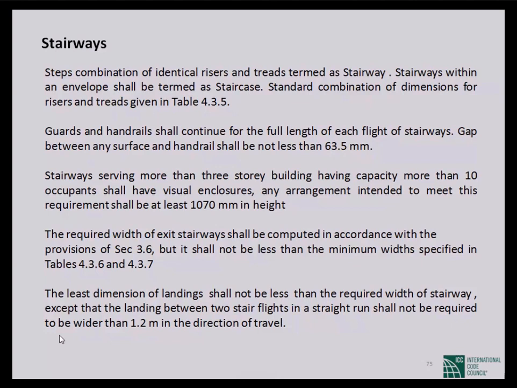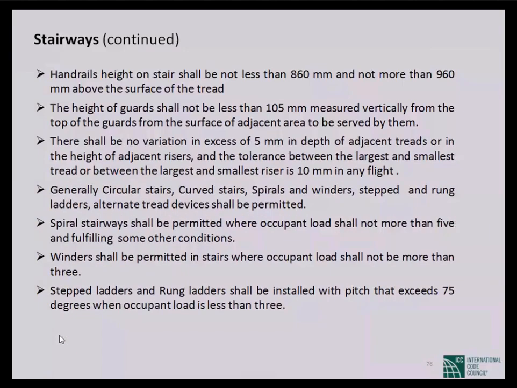For a stairway, there are a lot of parameters you have to consider. For every step, there are other parameters, and particularly for a curved stairway or windows, you have to be careful about the number of population. Normally, windows are not permitted in the fire stairs, but with a limited number of population, you can use them.